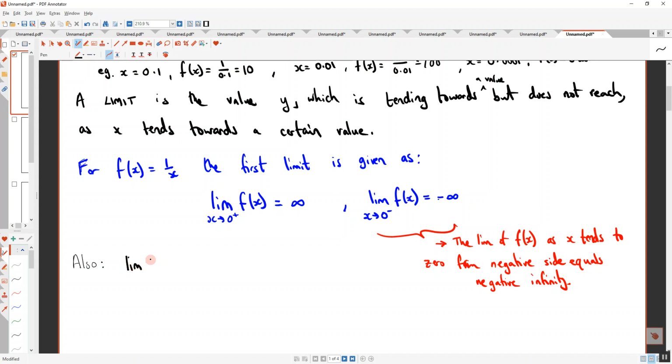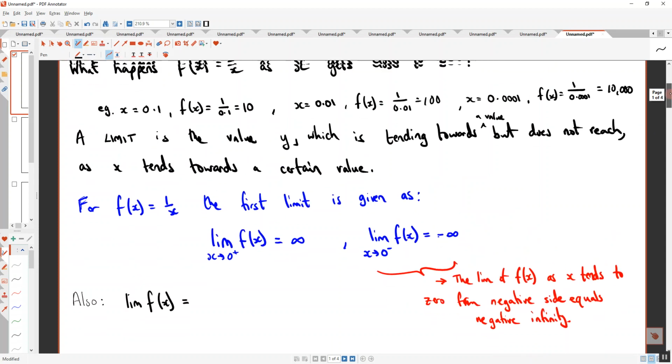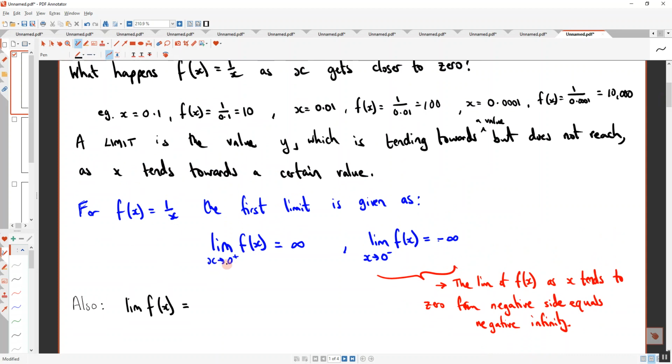I'll start off. So the limit of f of x. Can anybody tell me what's another value that I could make x that would be a limit? Well, we've already done 0. There's another value. If I let x equal 1, it's just going to be 1 over 1. Infinity, right, because what's going to happen as I let x tend towards infinity?